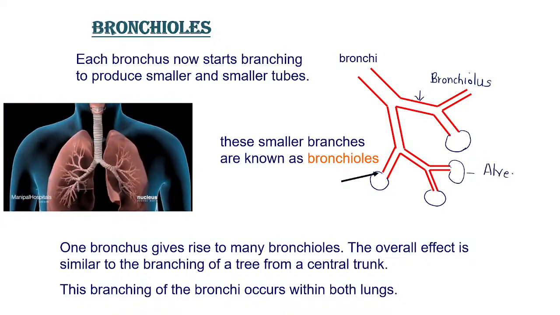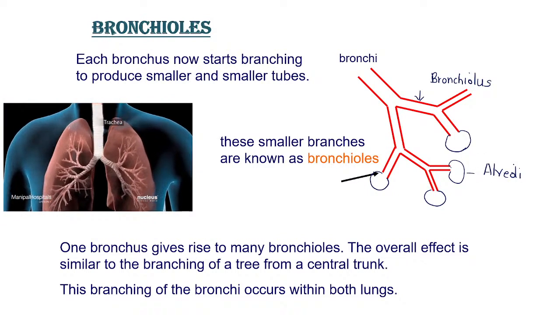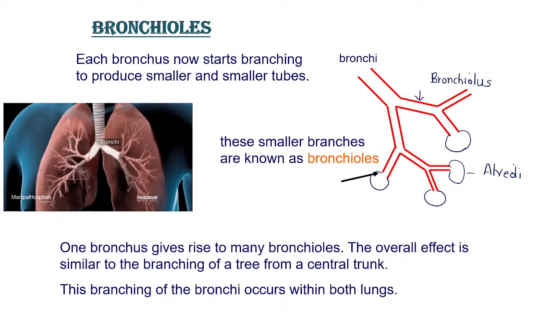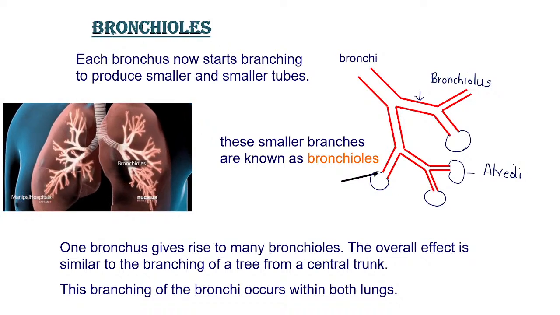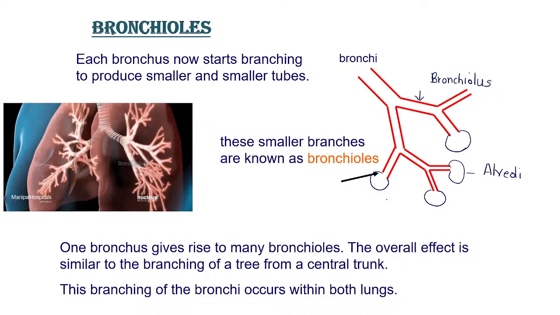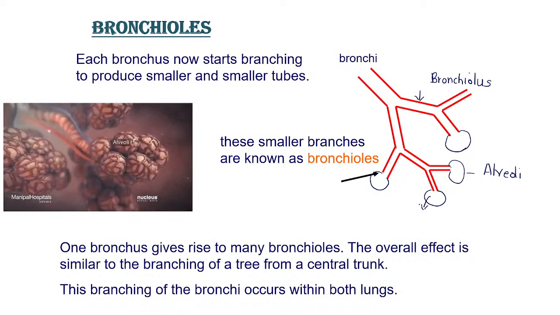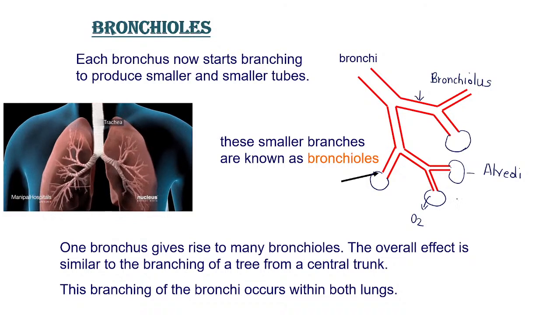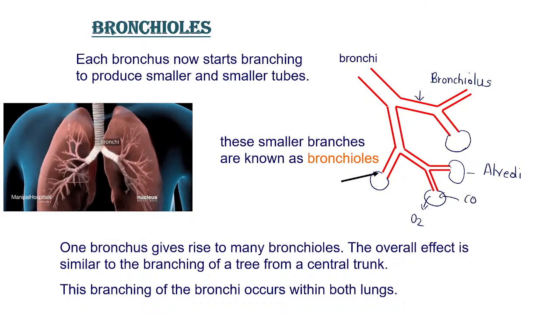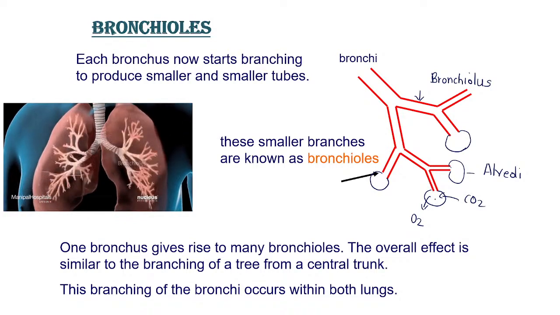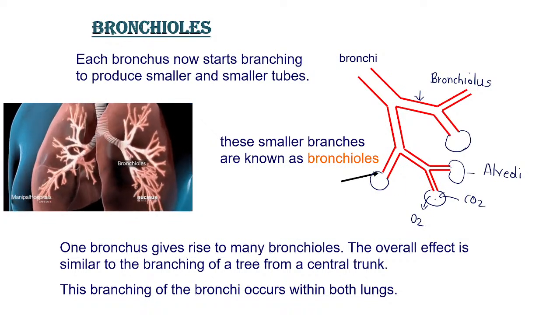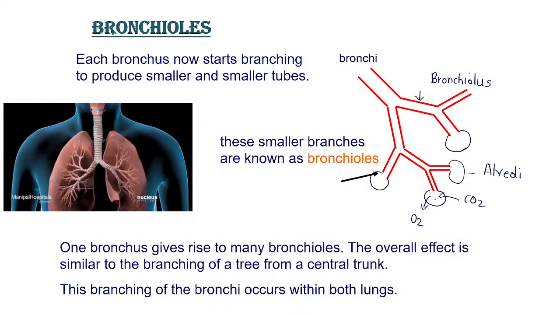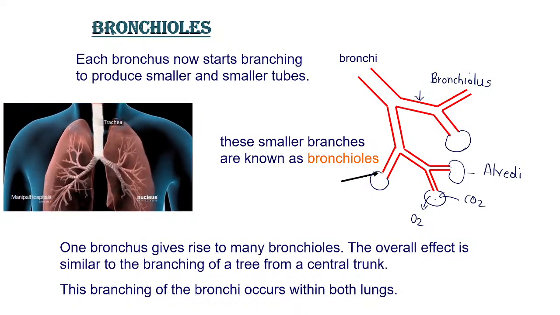The alveoli are lined with capillaries, which are blood vessels. So here the exchange of gases takes place. The oxygen rich air will diffuse into the blood, whereas the carbon dioxide from the blood will enter into the alveoli. So the exchange of gases, in the sense of oxygen and carbon dioxide, takes place here.